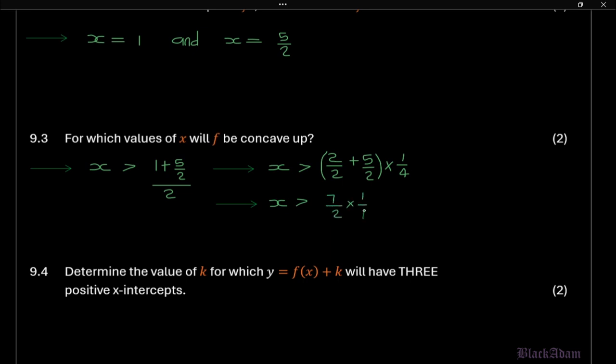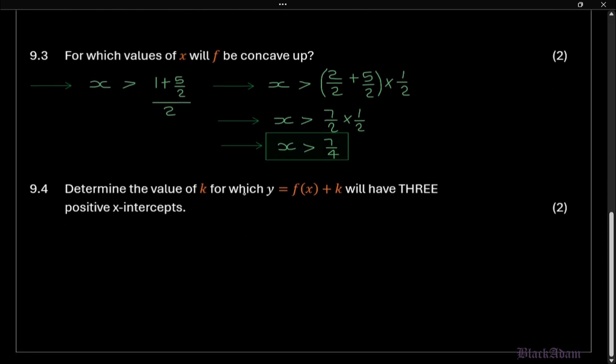So x is greater than 7/2 multiplied by half. So that is x is greater than 7/4. 7 times 1 is 7, and 2 times 2 is 4, and that's the final answer. That's the answer for 9.3.